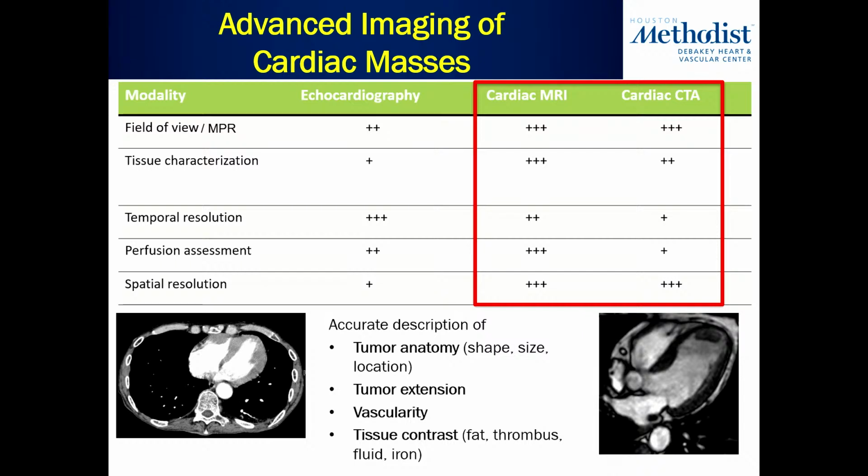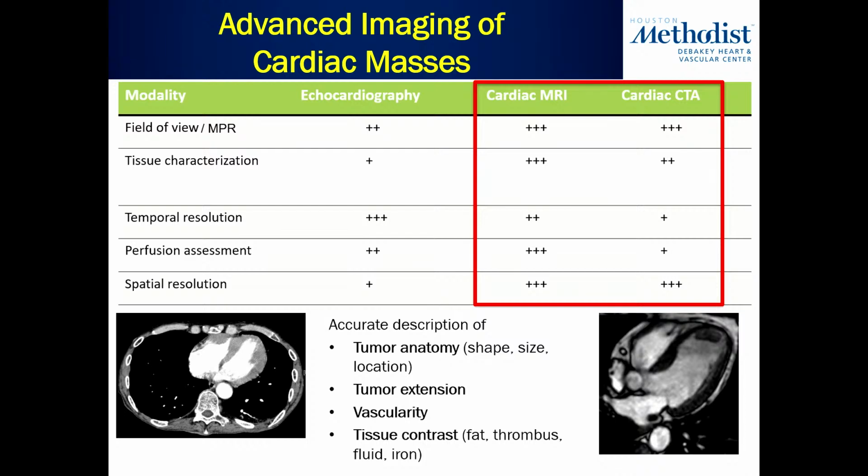These tests all, I'll mention this many times, have excellent spatial resolution, temporal resolution, and large fields of view, so you're really able to see not only the heart, but the entire chest. You can do perfusion assessments with them, as I will show you.